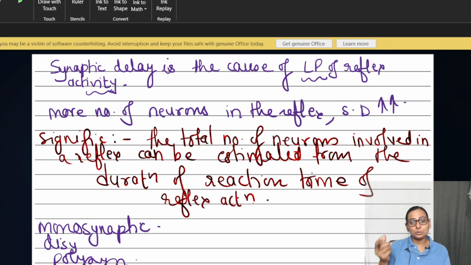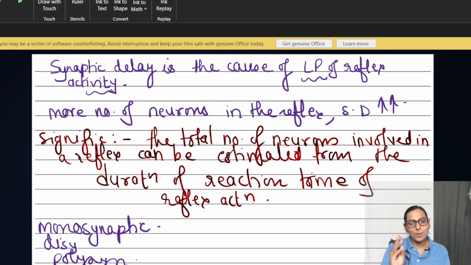That means if it is a monosynaptic reflex, only 0.5 millisecond delay. If it is disynaptic, 2 synapses, 0.5 plus 0.5. But if it is polysynaptic, like a withdrawal reflex, the reaction time will be more, and from that you can calculate how many neurons are involved in that polysynaptic or a complex reflex, right?